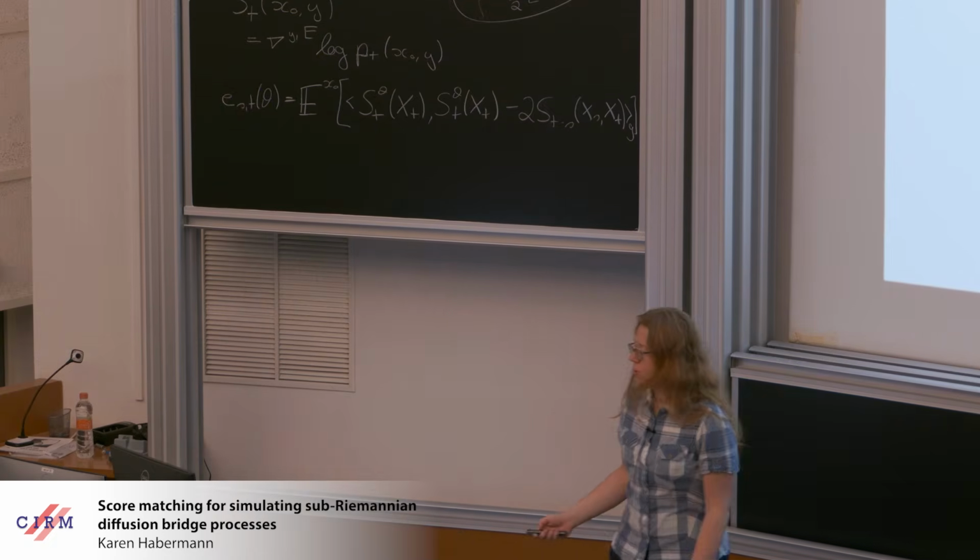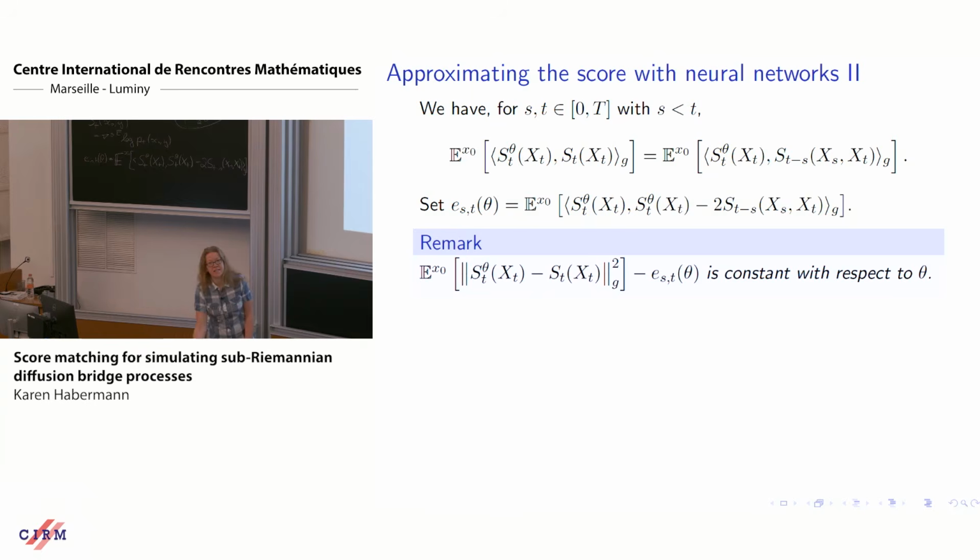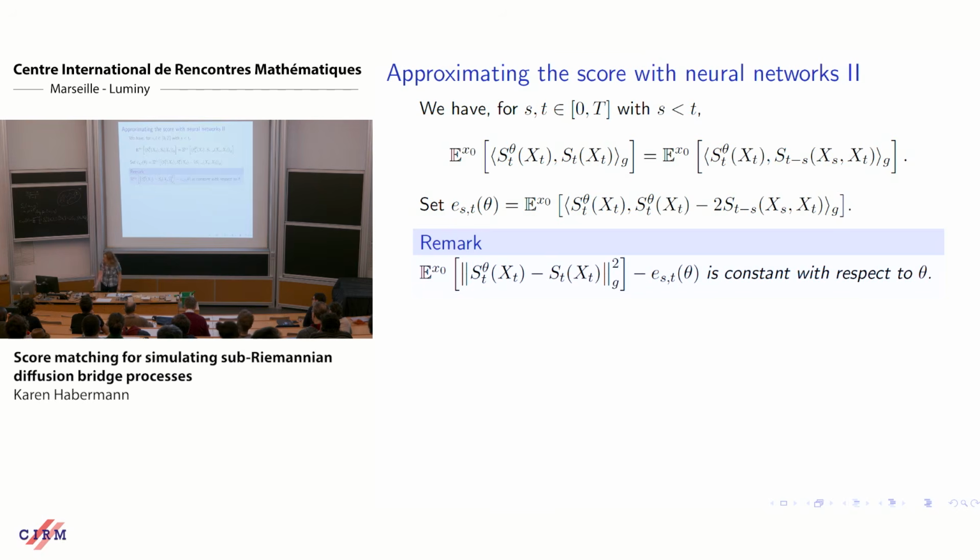And the first thing you observe is that the thing we take the time integral of, in our loss function minus these e_s thetas, they actually are constant with respect to theta. It's not that hard to see, because basically this part in here kills the dependence if we have the norm of the s_theta squared.